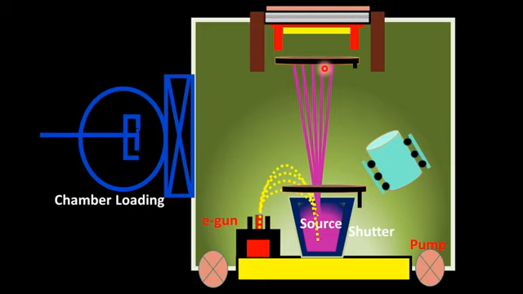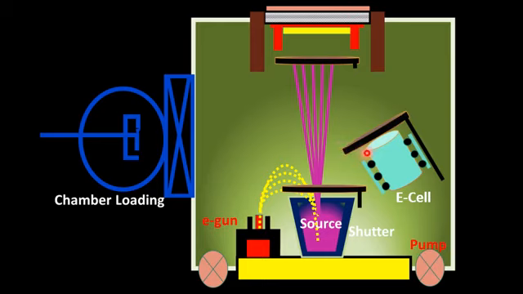So the dopant material is present inside the effusion cell of the molecular beam epitaxy setup. The effusion cell is also connected with an electronically controlled shutter.